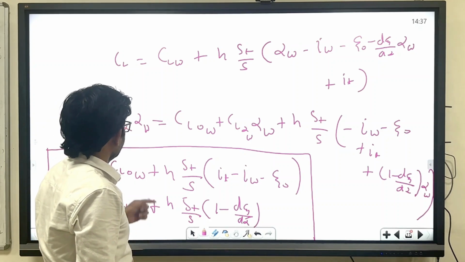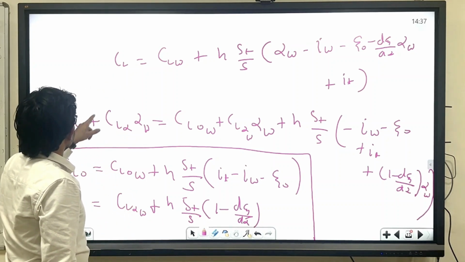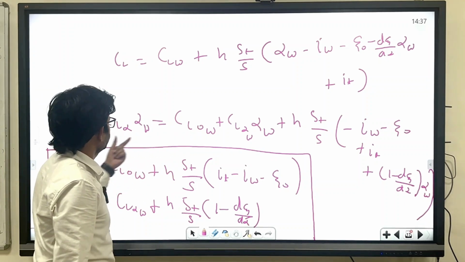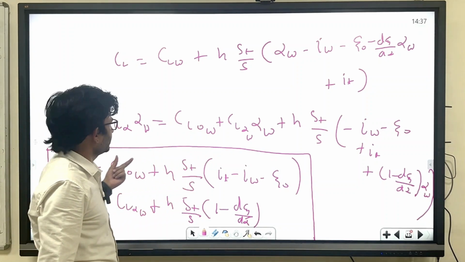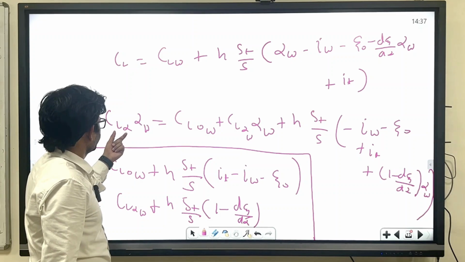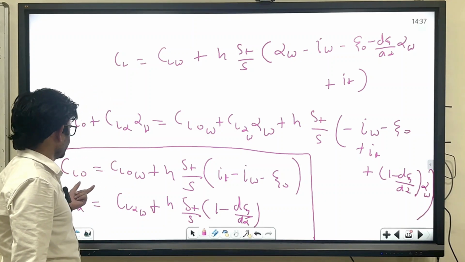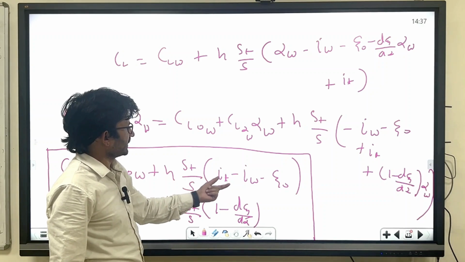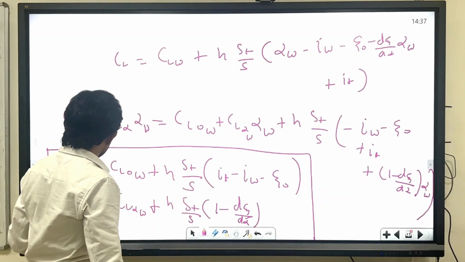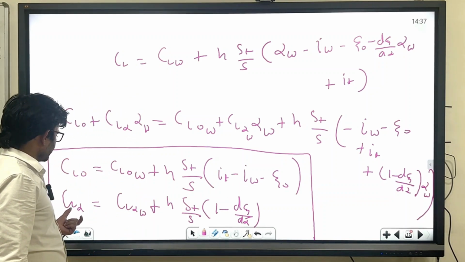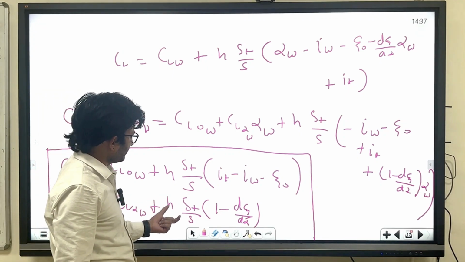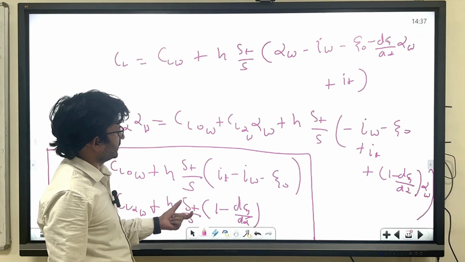Then you can write CL as CL naught plus CL alpha into alpha, and compare the CL naught terms from the left and right hand side, and similarly for CL alpha. CL naught will be the CL naught of the wing plus eta St by S into iT minus iW minus epsilon naught, and total CL alpha of the aircraft will be the CL alpha of the wing plus eta St by S into 1 minus dou epsilon by dou alpha.